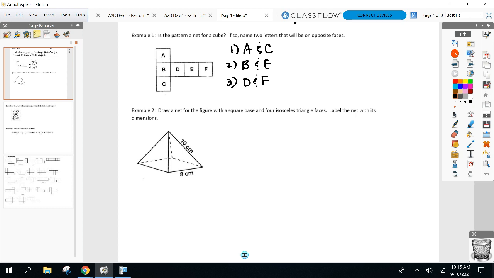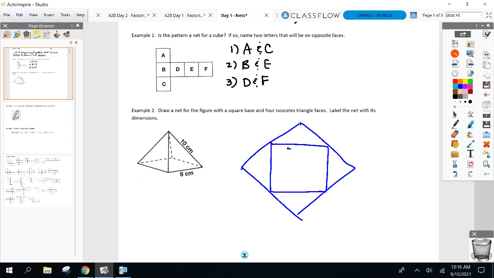I don't want to call on anybody, but anybody want to come up and draw the net? Yeah, go ahead. Okay, just do your best. This is usually the easier way to do it.